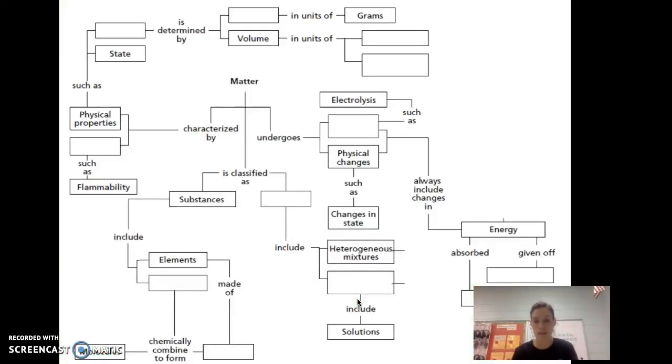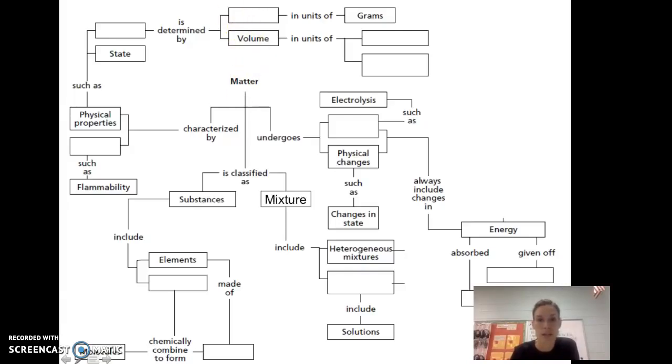All right, this is the concept map on the front of your packet. If you look at the front of your Intro to Chem packet, you always start with whatever the bold word is. So we are talking about matter here. This is a general sort of review, which is good because this is the last note page.